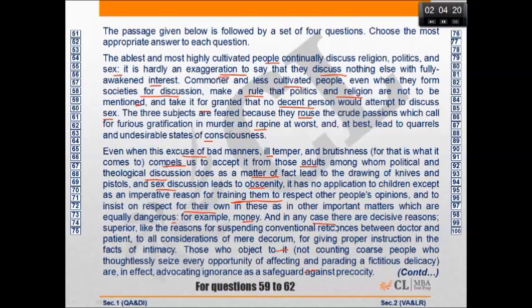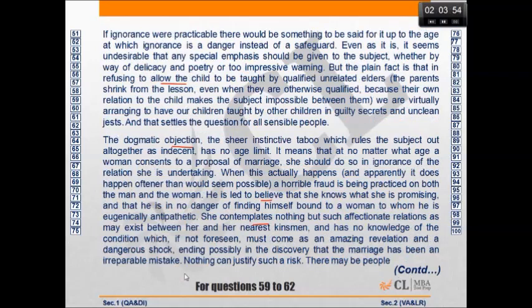And in any case, there are decisive reasons, superior like the reasons for suspending conventional reticence between doctor and patient to all considerations of mere decorum, for giving proper instruction in the facts of intimacy. Those who object to it, not counting coarse people who thoughtlessly seize every opportunity of affecting and parading the affectitious delicacy, are in fact advocating ignorance as a safeguard against precocity.